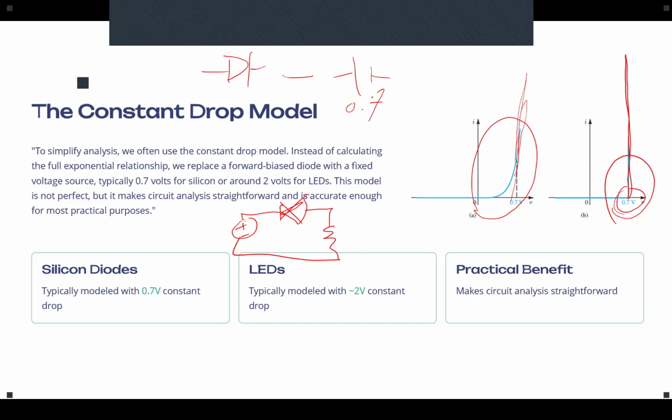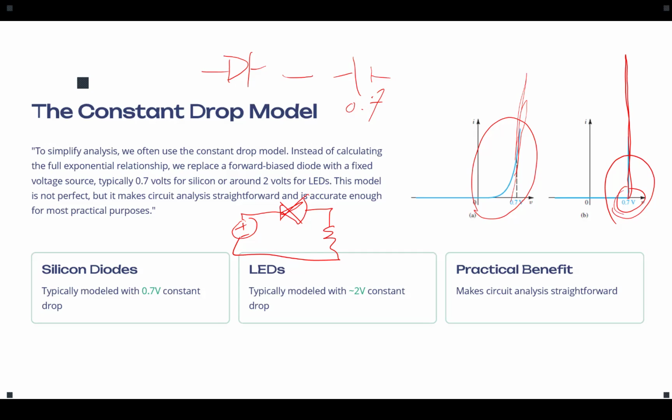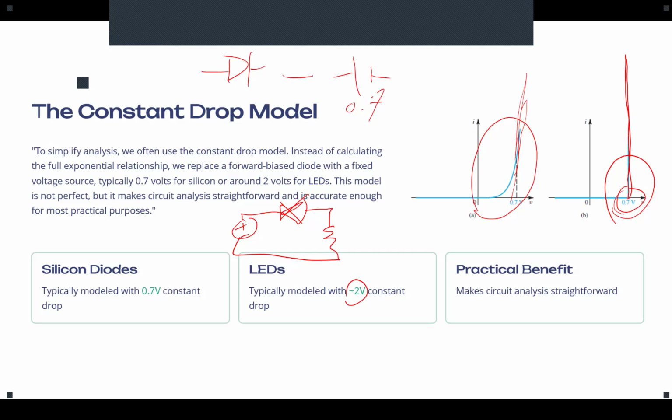The germanium is 0.3, but the LEDs are different. So read the datasheet of whatever diode you use. That voltage drop should be based on the datasheet of that diode. For example, LEDs are around 2 volts, so it's different. Are we good?